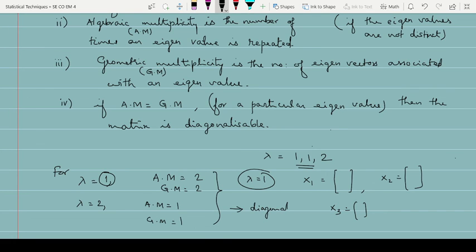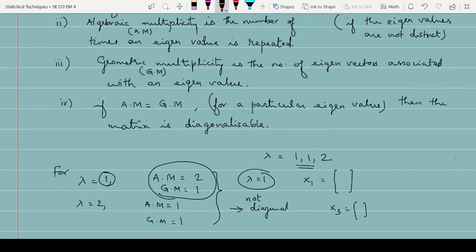Now what will happen if, for lambda equal to 1, I got only one eigenvector? Then geometric multiplicity is 1, while algebraic multiplicity is 2. Then this is not diagonalizable, because here AM is 2 and GM is 1.